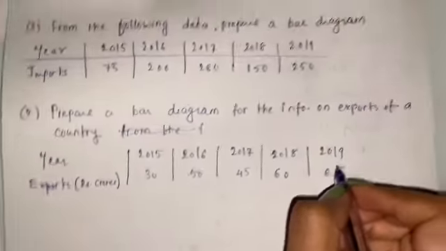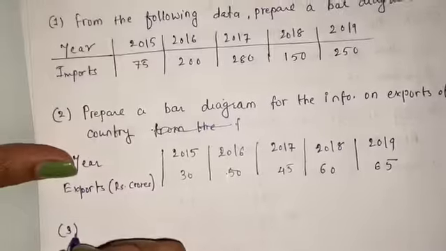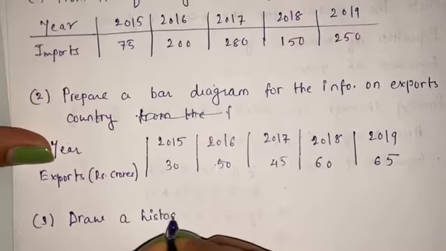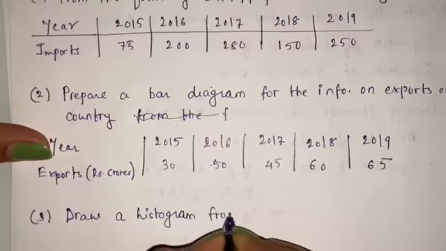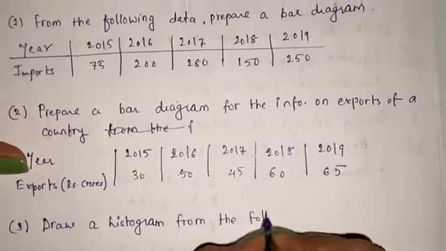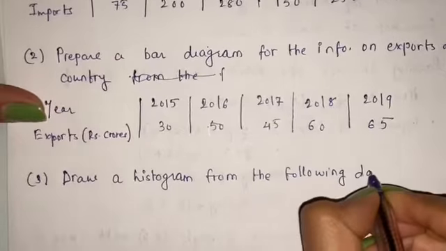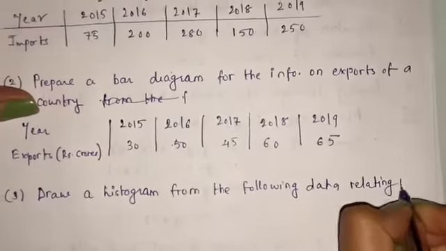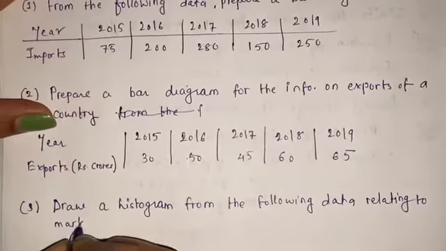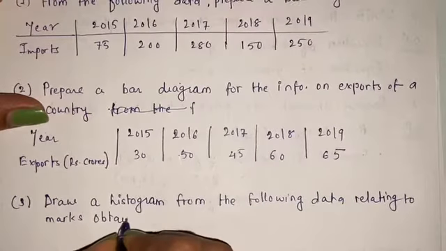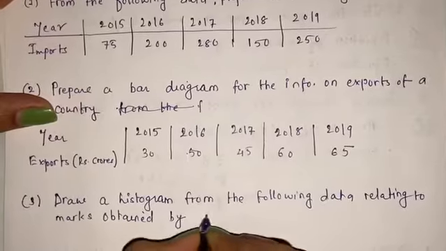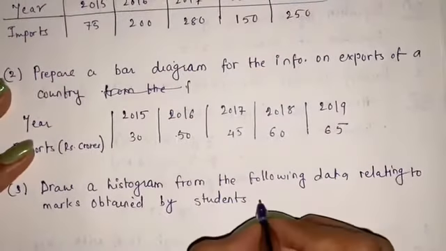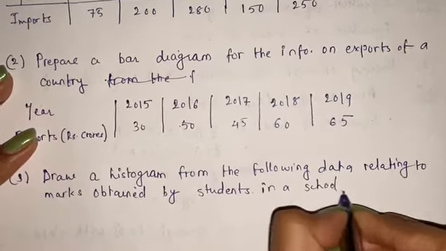Okay, next question is number 3. Draw a histogram from the following data relating to marks obtained by students in a school.